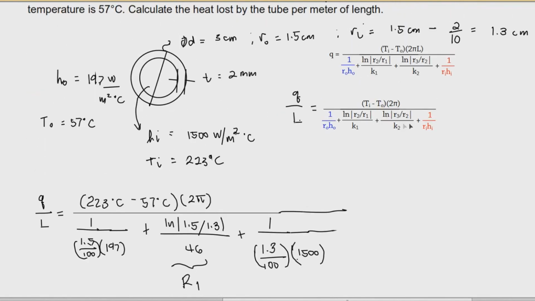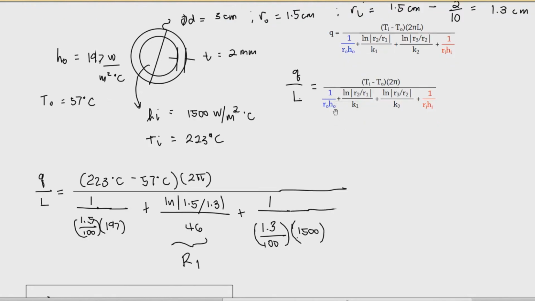Actually, this is not difficult. You just have to add the resistance offered by convection. Now, if you're asked to find the total resistance, you just have to take all the resistances here. The thing is, you have here the R sub 2 and R sub 1, and we usually take them out.